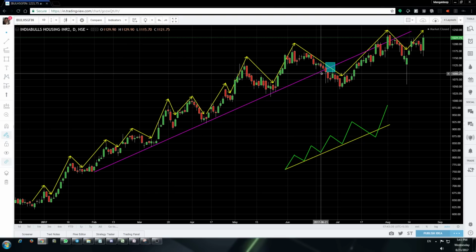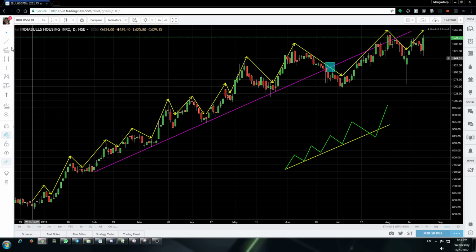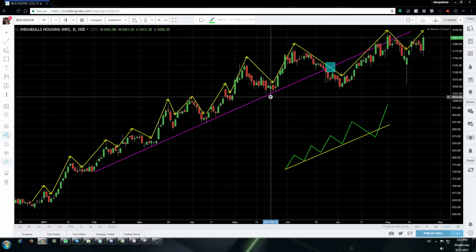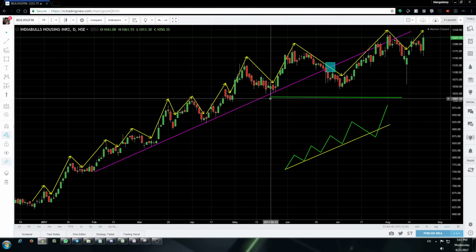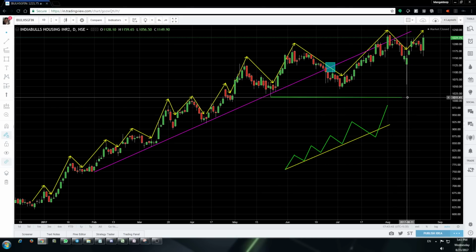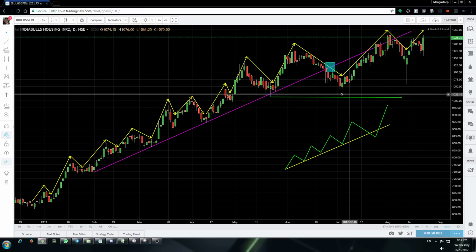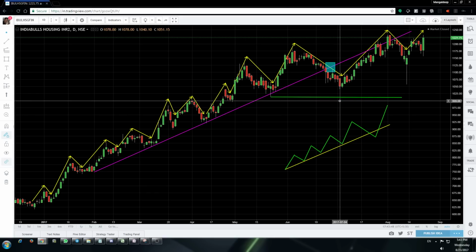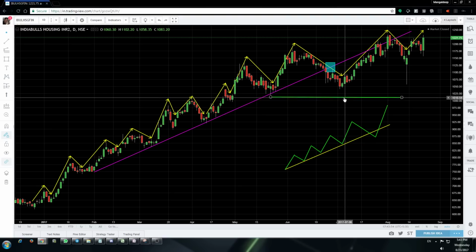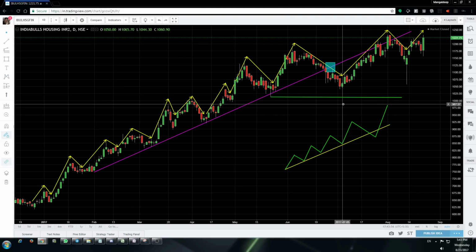Now, how do we get that confirmation? You need to look at the major swing low. In this case, this is the major swing low. At this point, you draw a horizontal line. Only and only if the stock price crosses this line and closes below it can we confirm that the trend has changed from uptrend to downtrend.